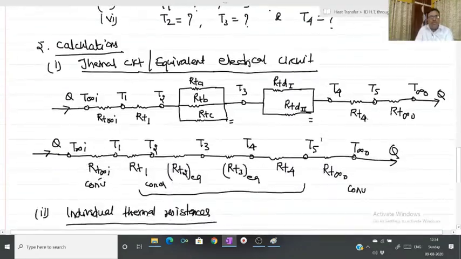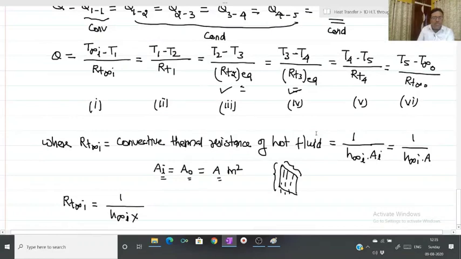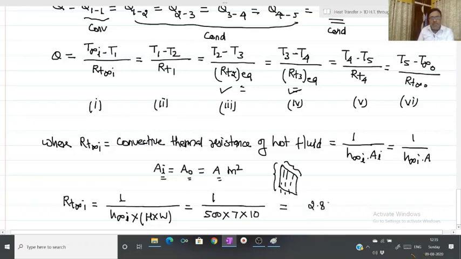So from here I can write this area, 1 over H infinity into A, as 1 over H infinity into H into W. The value of H infinity is 500, the value of H is 7 and the value of width W is 10. So this value comes out to 2.86 into 10 to the power minus 5 Kelvin per watt.